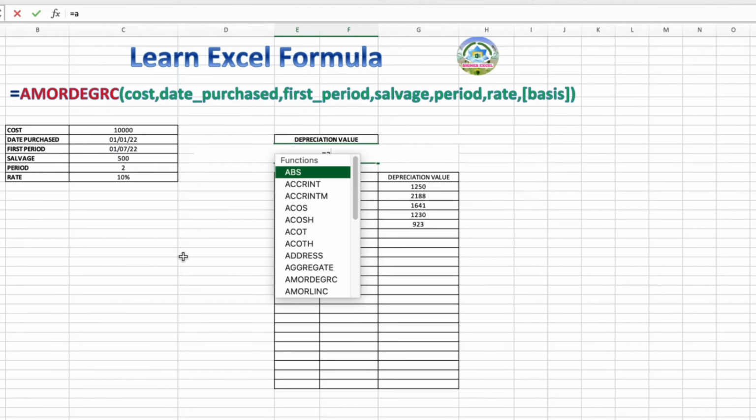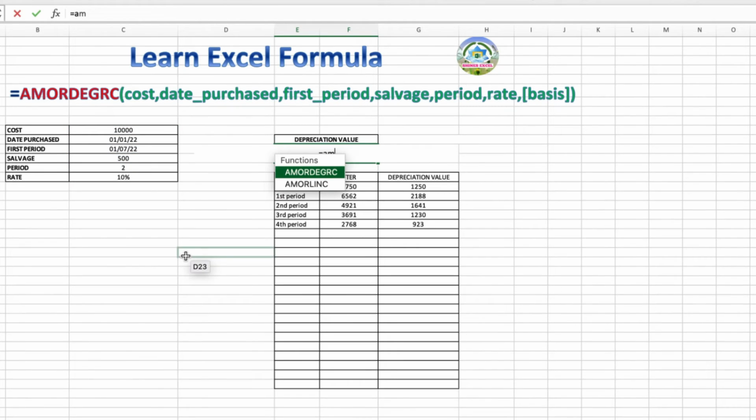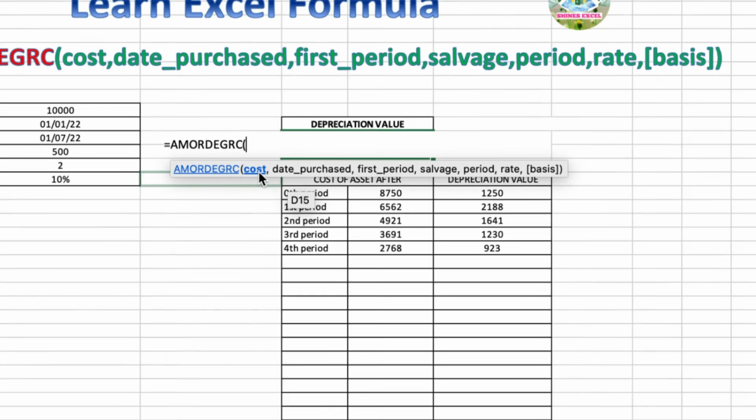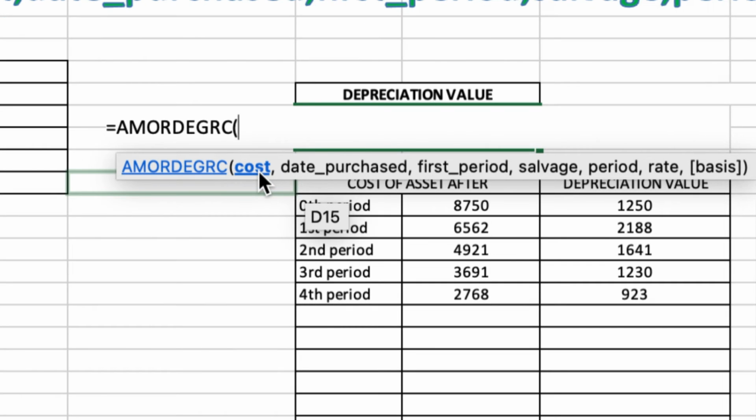Equal to AM, so it shows AMORDEGRC. Yes, the first thing it asks is the cost.